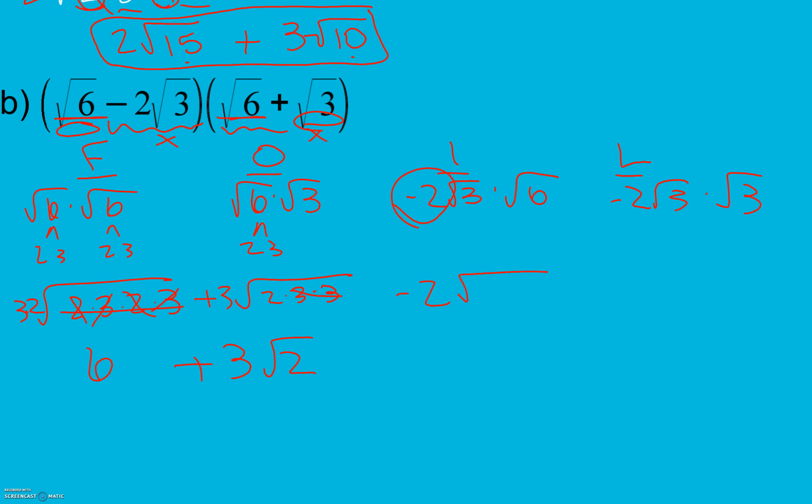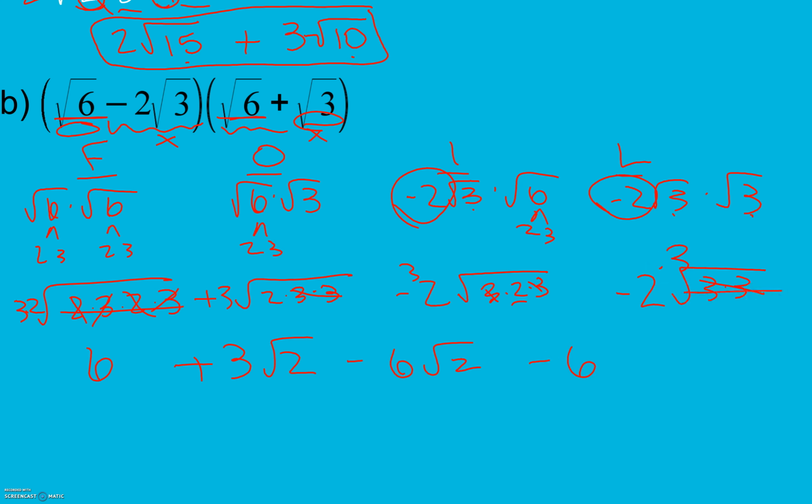So inside my square root I just have the 3 and the 2 times 3. Pair of 3's comes out as a 3. And I have minus 6 square roots of 2. Last, again, my negative 2 is a whole number. Inside my square root I have a 3 and a 3. Those come out as a pair of 3's, and I have a negative 6.